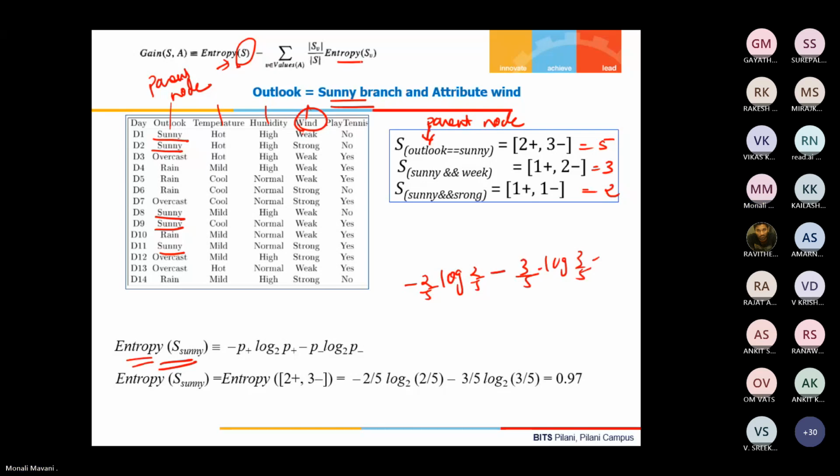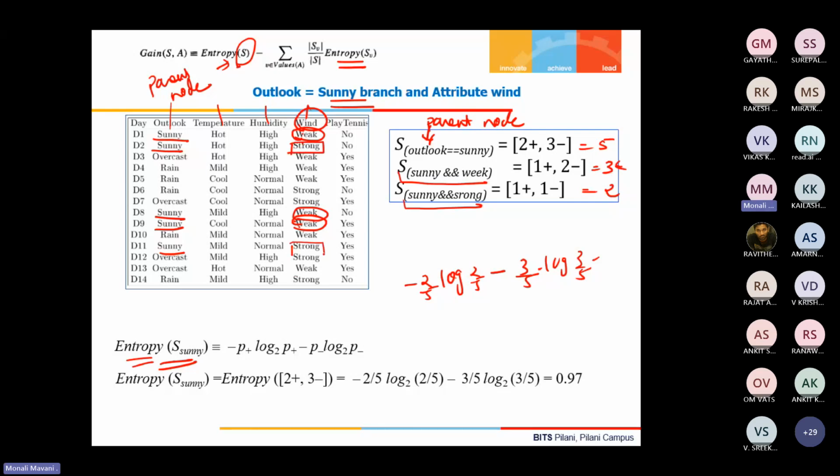Then the children branches. What are the children here? We are taking the wind attribute, so we have a sunny and weak combination and a sunny and strong combination. We have 3 examples going to sunny and weak, and 2 examples going to sunny and strong.